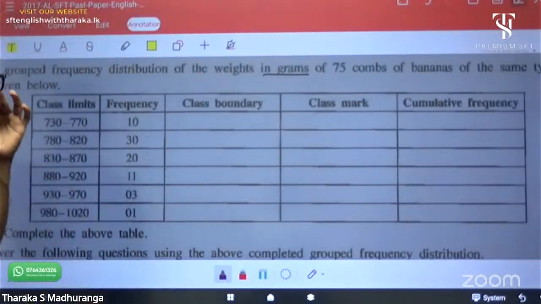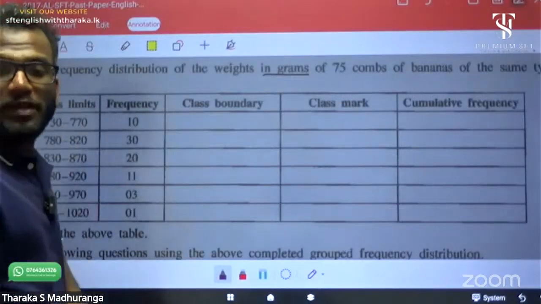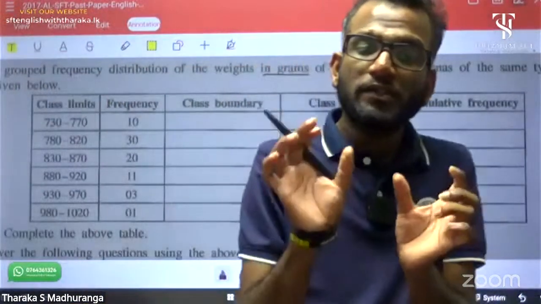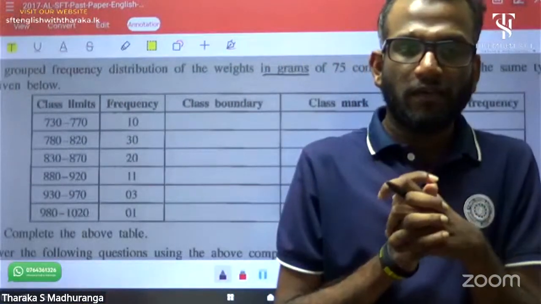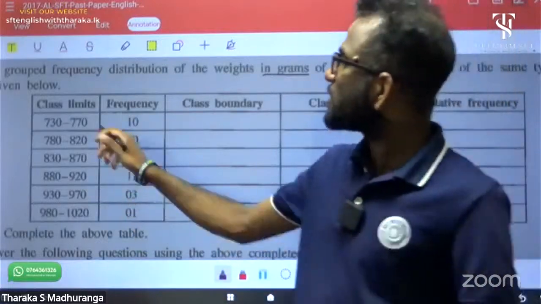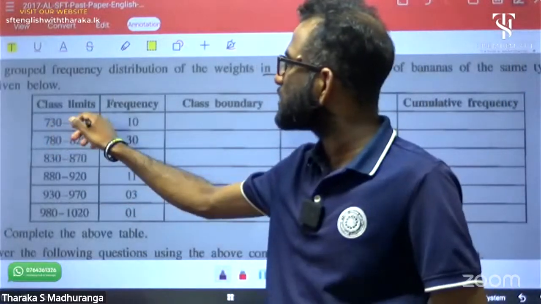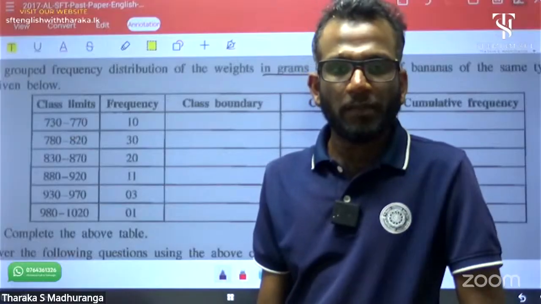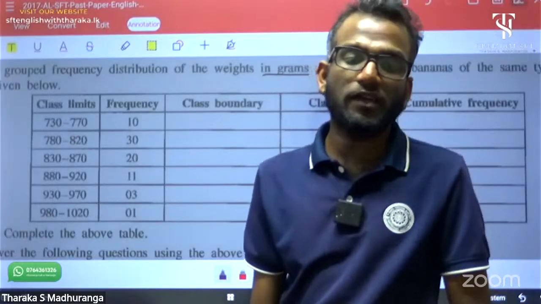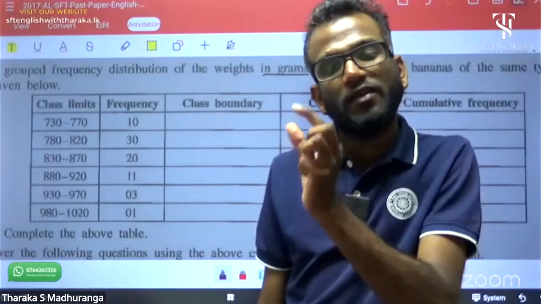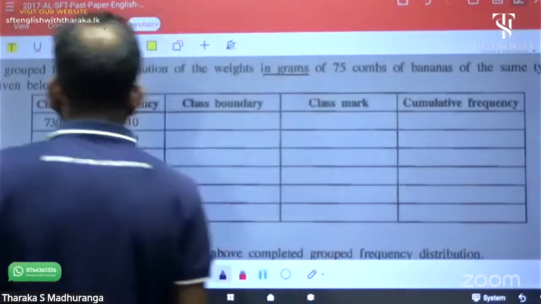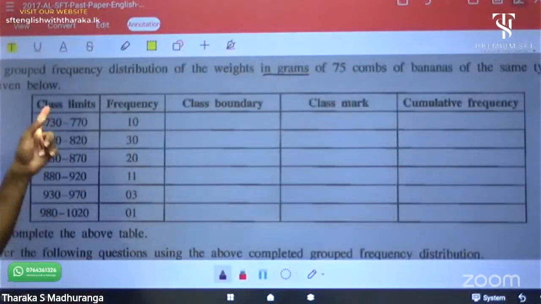Discrete, and it is special, no? It has a gap of 10. The first class is 730 to 770, but the second class starts at 780. The gap is only 10. It's interesting.